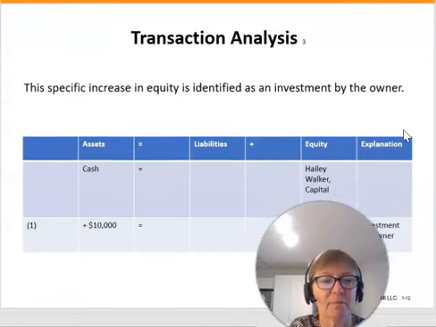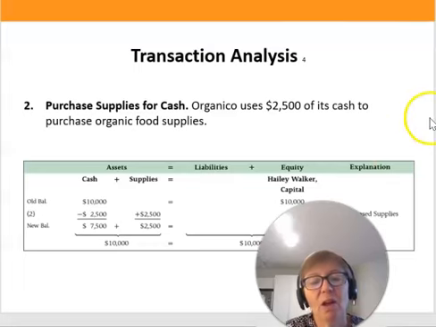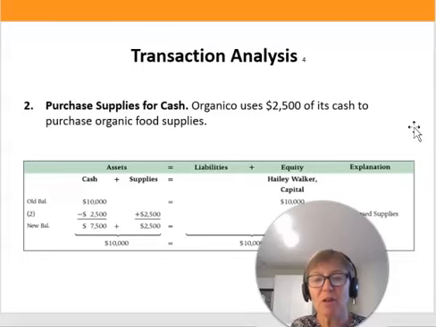Let's keep going. The second thing that's happened with the company: purchase supplies for cash. Organico used $2,500 of its cash to purchase organic food supplies. So what's happened? We gave our supplier cash, so our cash decreased. From the old balance of $10,000, we gave $2,500 to our supplier, and in exchange, we got another asset called supplies for $2,500.